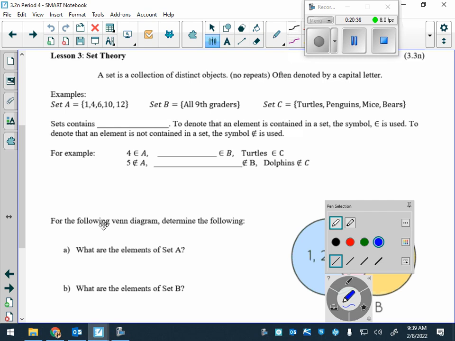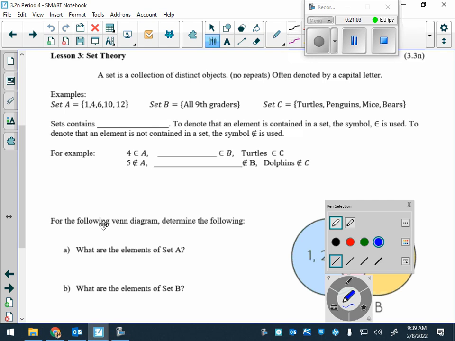Set C would be my freshmen. Those sets do not repeat themselves. Think of it this way: you cannot be a sophomore and a junior. But there are other instances where you might see the same thing appear in both sets. That's what they have in common.